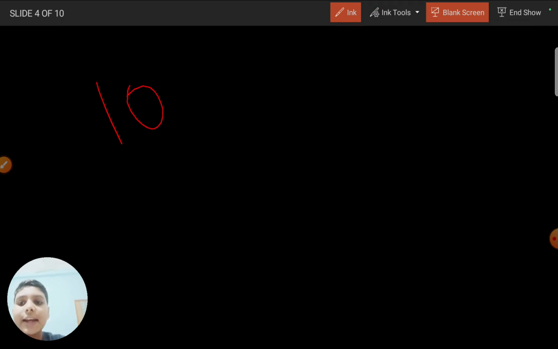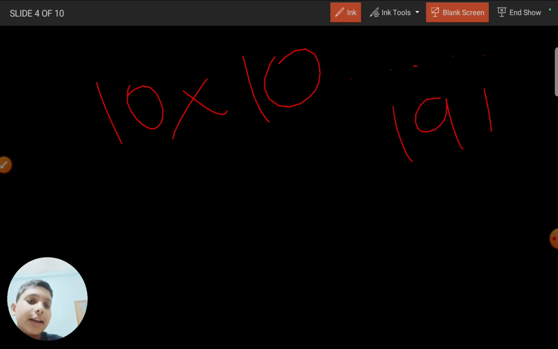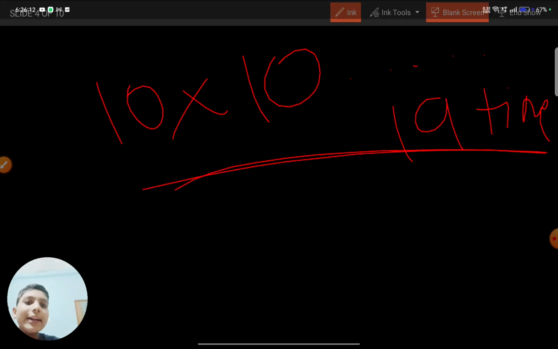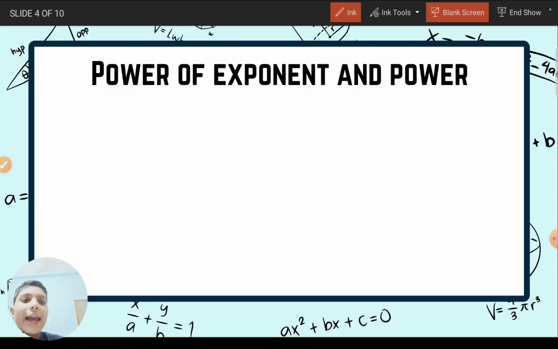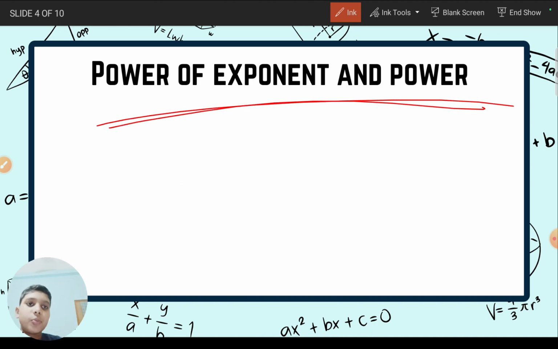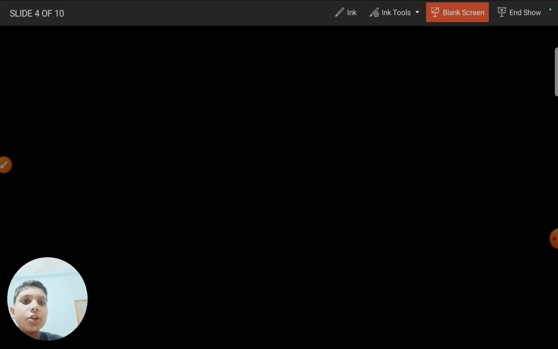For example, 10 you need to multiply with itself 19 times, so that means we need to multiply it 20 times. Now how to multiply 20 times? Can anybody say? Simple: 10 to the power of 20, and that's done. Like that only we can do it. So that is the power of exponent and power. Okay, so this thing you just understood.